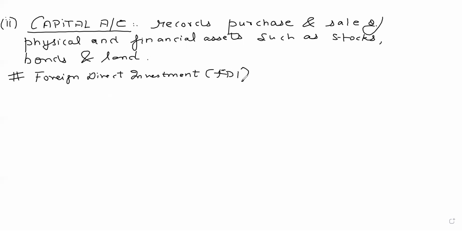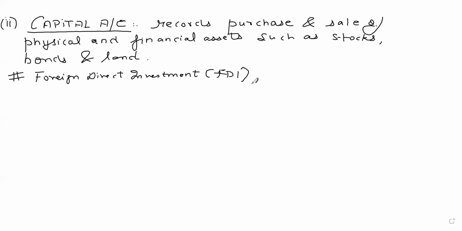If there is a foreign company based abroad which is buying physical assets in our economy and is opening up factories or stores in our economy, that clearly is nothing but foreign direct investment. FDI is always for a long term, so it's a long-term investment. So FDI refers to the long-term investment made in physical assets by the foreign companies in the domestic economy.